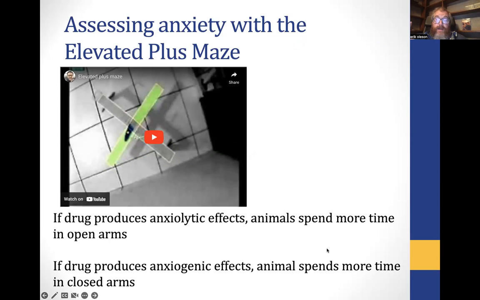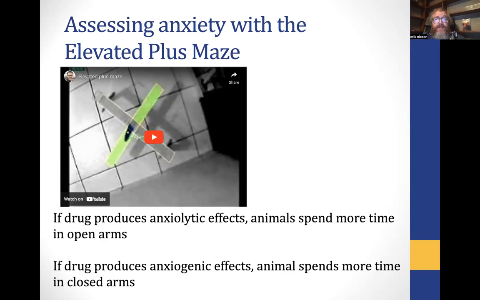So that is one way of assessing spatial memory. Working memory can also be assessed in different ways, including delayed nonmatch to sample, but I think spatial memory is really what the Morris water maze is best at.